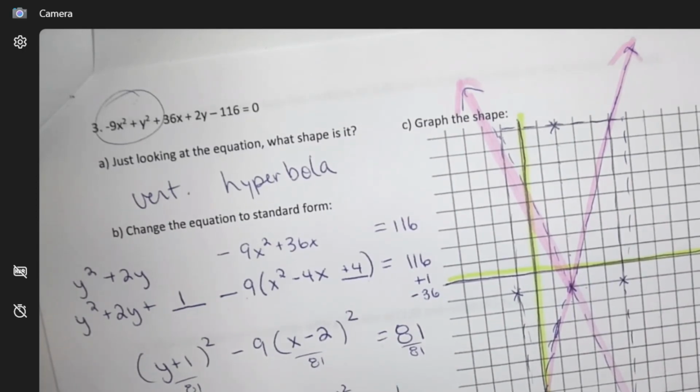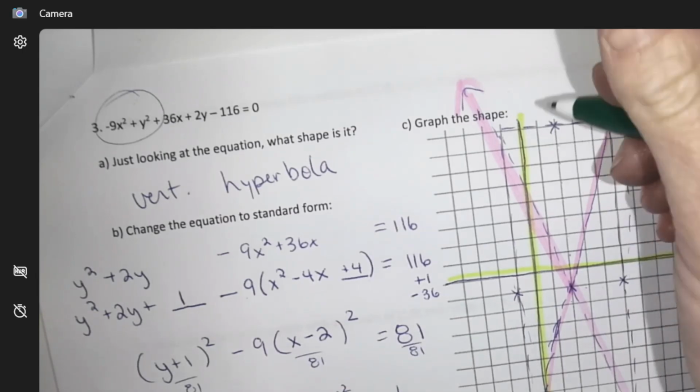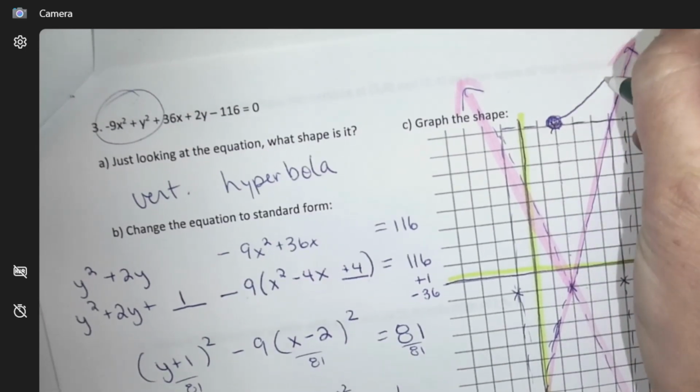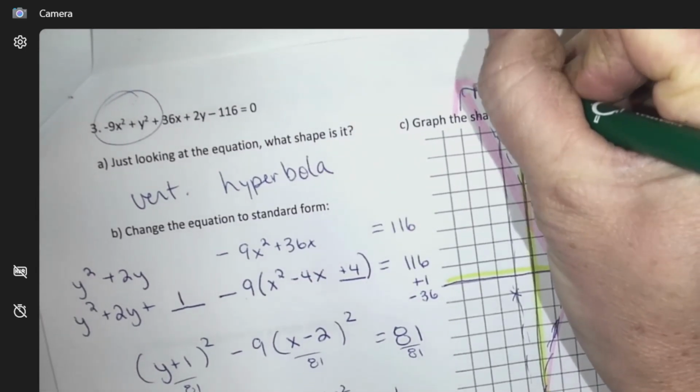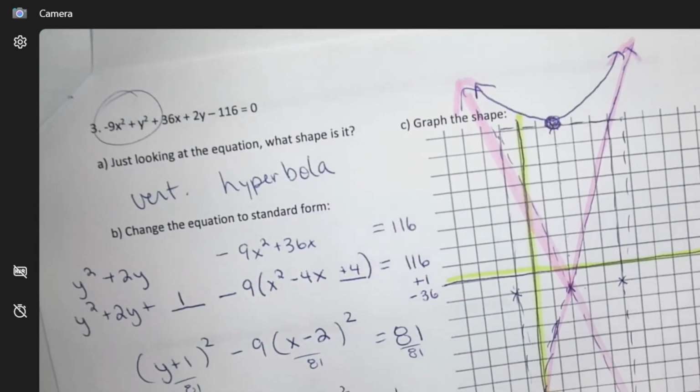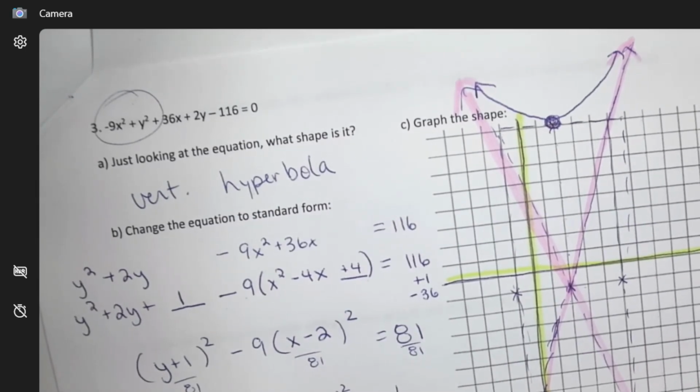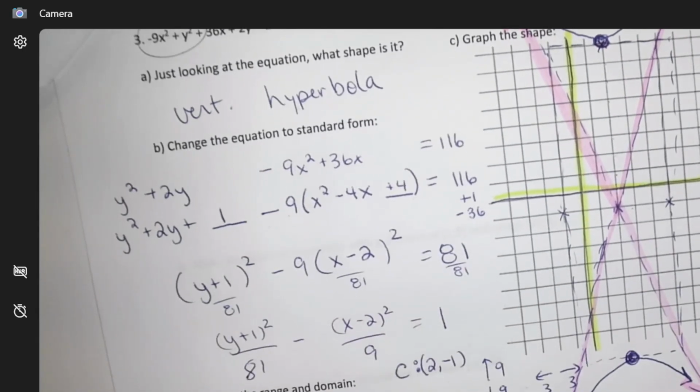Okay, those pink lines that I drew are asymptotes. Okay, so this is the y squared being positive, so that's why we're opening up to the y's.